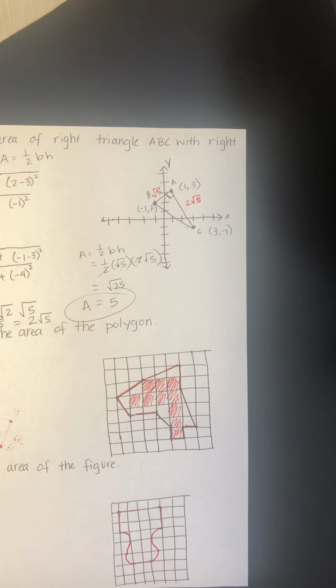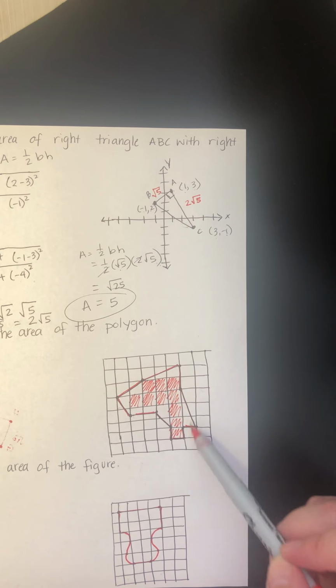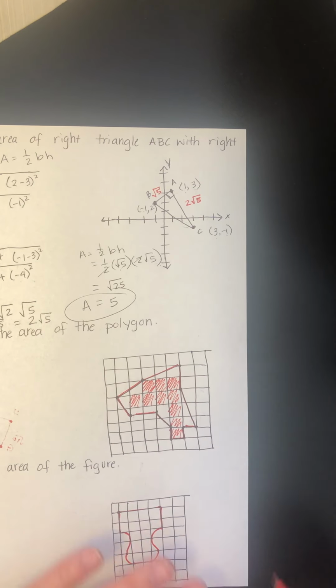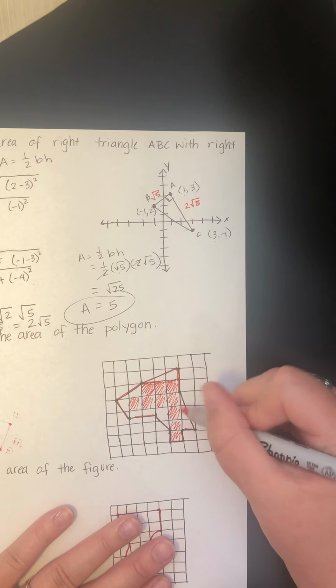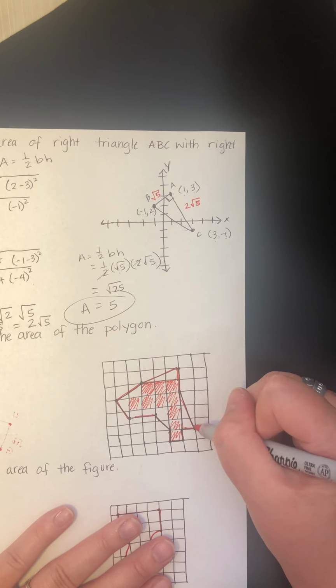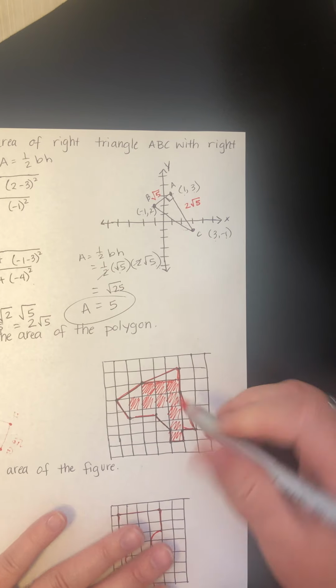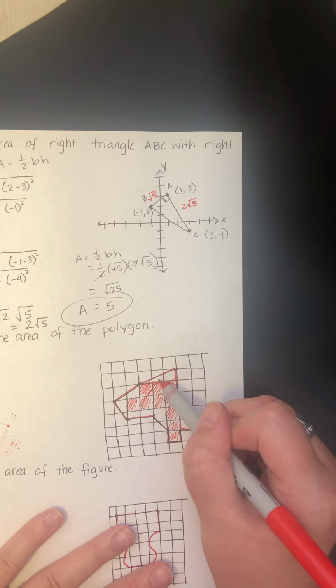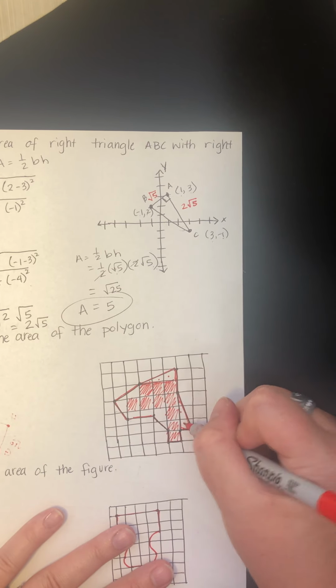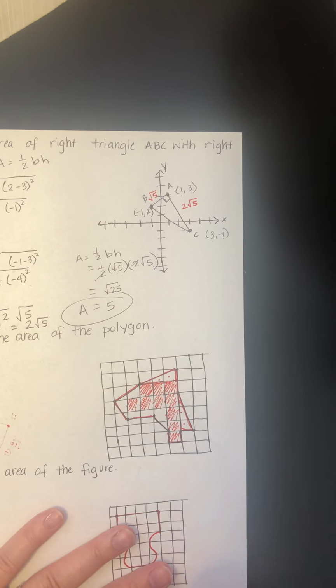Next, you have to estimate the rest of the squares that aren't complete. If you look here, here, and here, and also here, these triangles, if you butt them up next to each other, they will make an identical right triangle. So these squares right here, 1, 2, 3, 1, 2, 3, it makes a great right triangle.